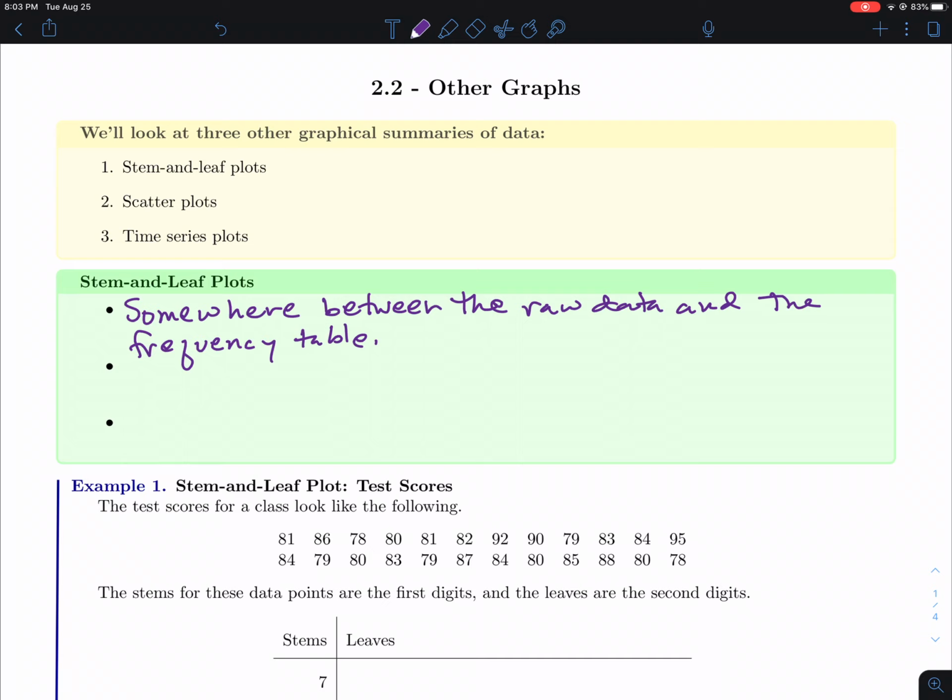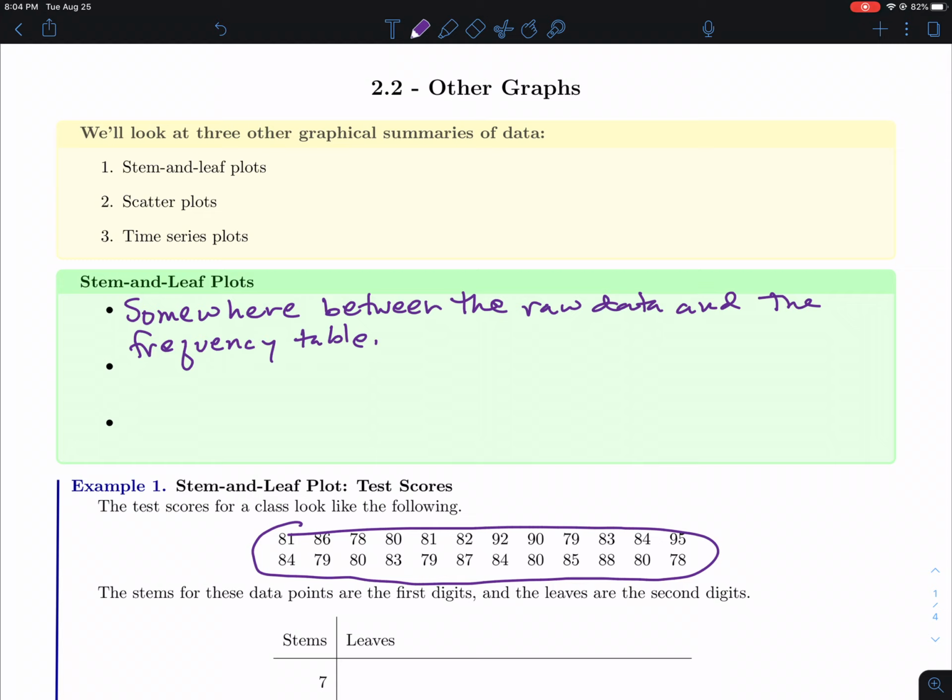So if you look below, this would be the raw data. It's not sorted, it may not be in order, it's just a bunch of numbers thrown out. Where the frequency table goes through, categorizes them, and tells you how many are in each category. So the stem and leaf is better than the raw data, but not quite as good as the frequency table. That's why we say it's in the middle, in between those two.